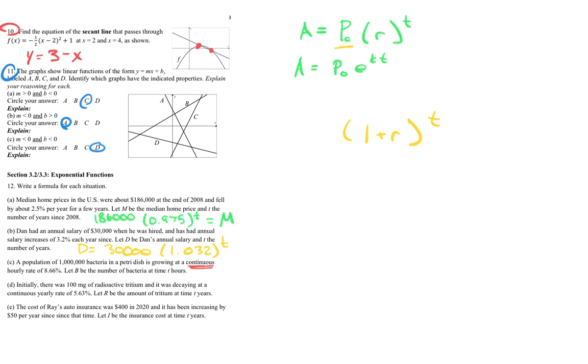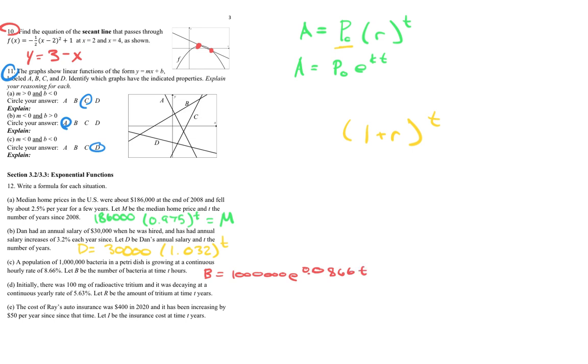Our initial amount is 1 million, so our population P is equal to 1 million times e to the 8.66%, which we have to make a decimal, so 0.0866, and then we have t. So that's that one done.